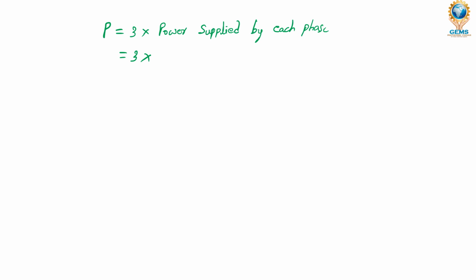Power formula VI cos phi means E phase into I phase into cos phi.